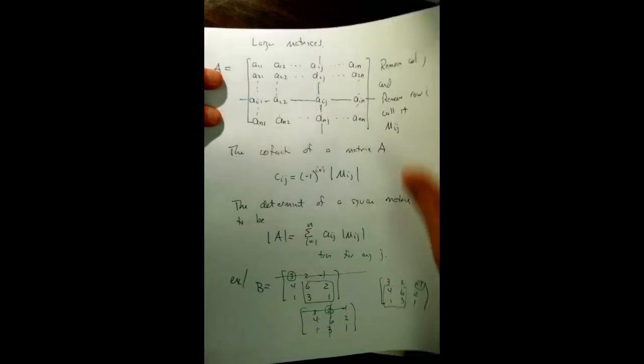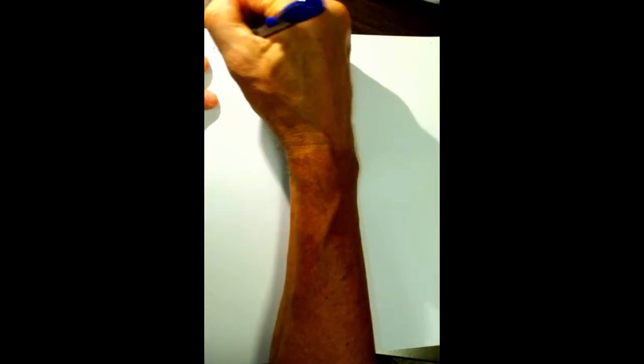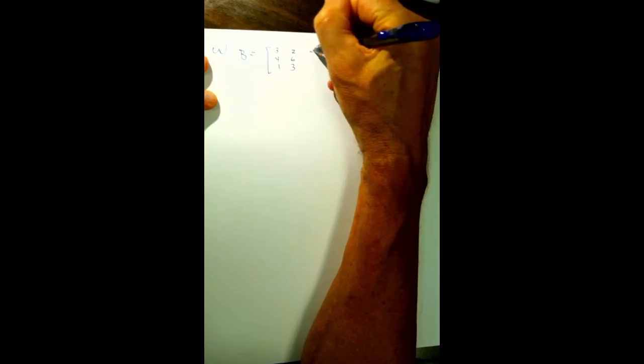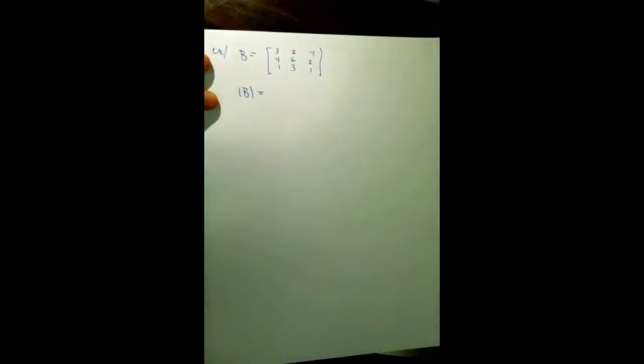So let's see what that looks like when I go through and actually do it. So what did I say? I said B is 3, 2, minus 1, 4, 6, 2, 1, 3, 1. Okay. The determinant of B, again, I said I'm going to go across that top row.